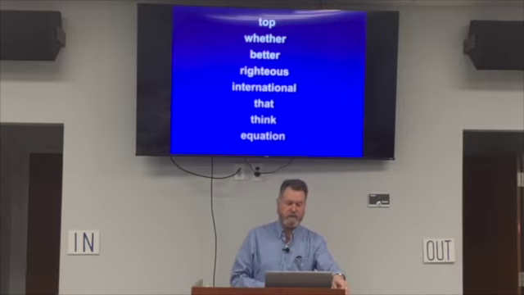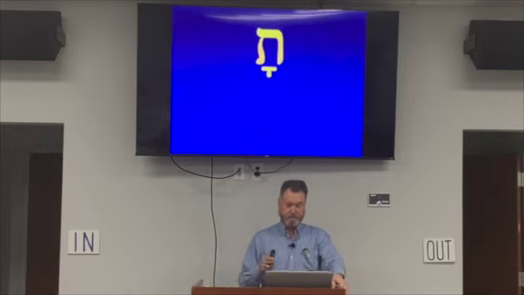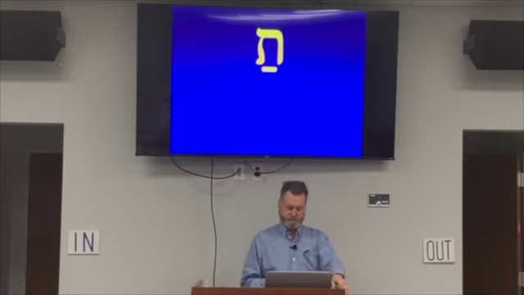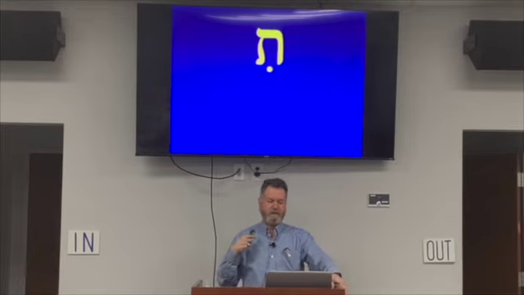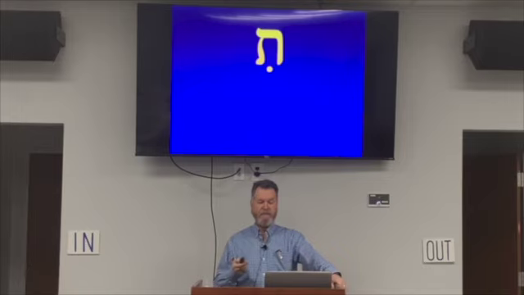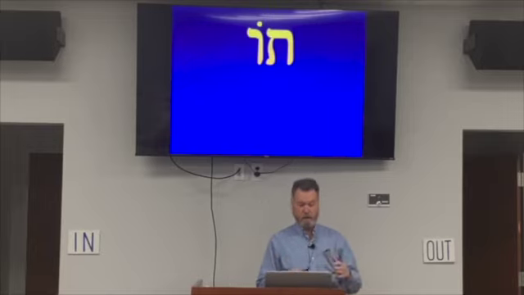Now we're on page 22, row 1. See if you can figure out how to pronounce the tav. Ta, ta, te, ti, and toe for those who have the book. It's pretty much everybody. Toe.